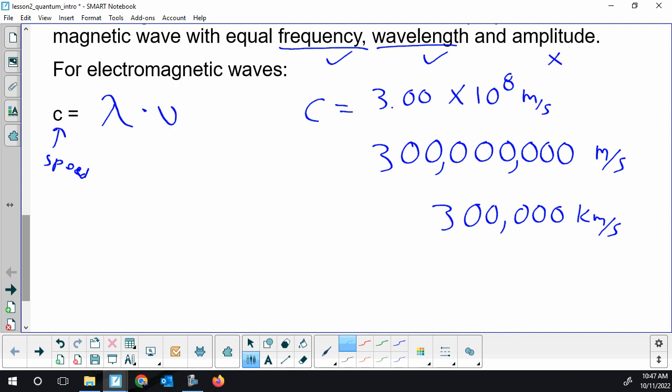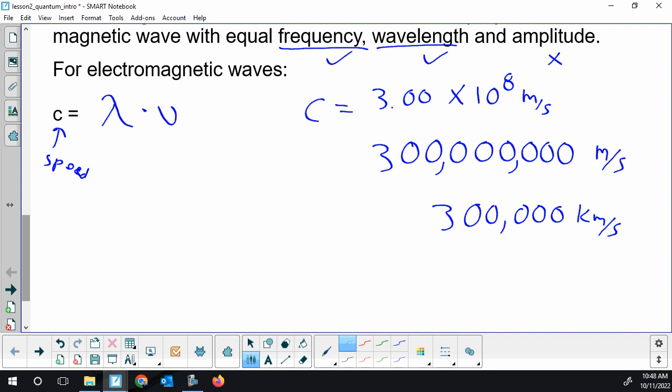We can't send a signal faster than the speed of light. So you have to deal with those delays. You can't send a rover out to Neptune and have a joystick and tell the rover, move right, move left. The signal can't get there fast enough. Even though the signal, the electromagnetic wave, would be going 300,000 kilometers per second.